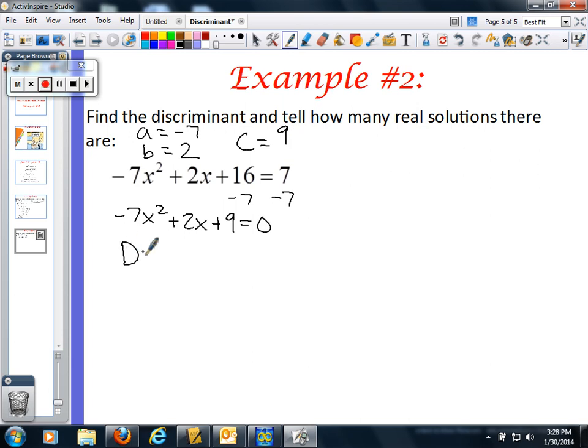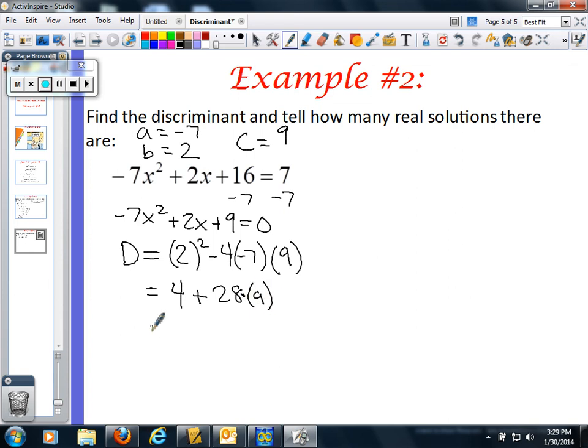Plug it into my discriminant formula. So that's going to be 2 squared minus 4 times A is negative 7 times C is 9. This is 4 plus 28 times 9. This is going to be 4 plus, I'll do the math up here, you got 28, you got 9.